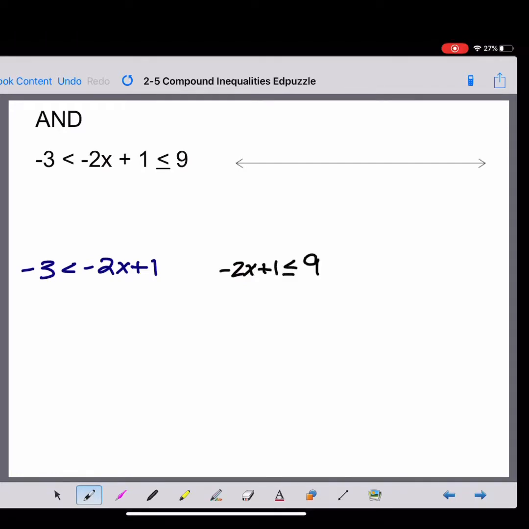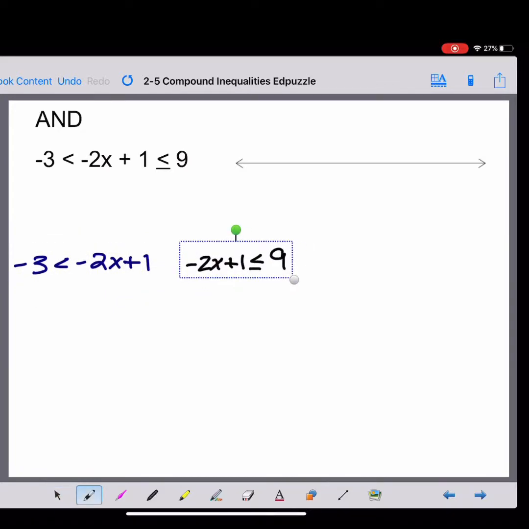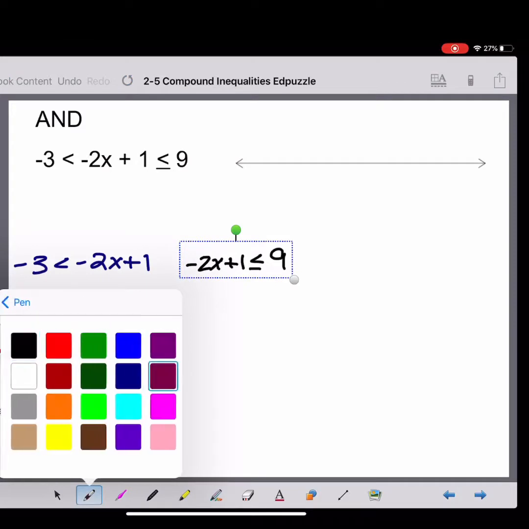It is not necessary to split the inequality up as I have. You are able to solve by keeping them together as well. So I'll show you that version too.